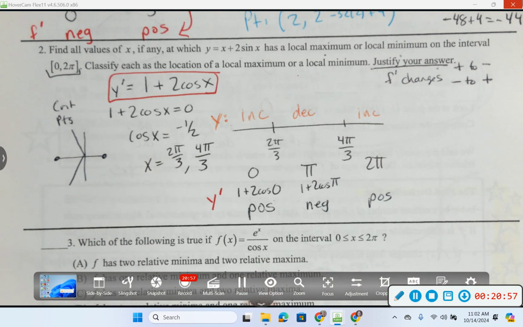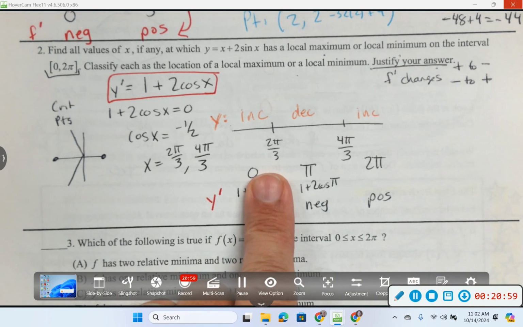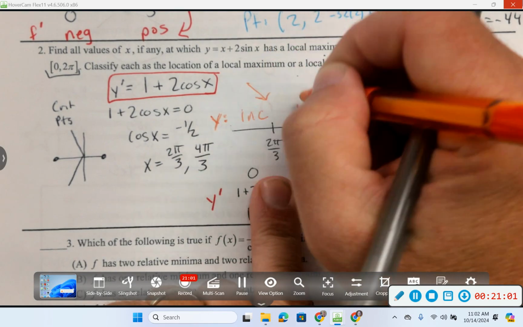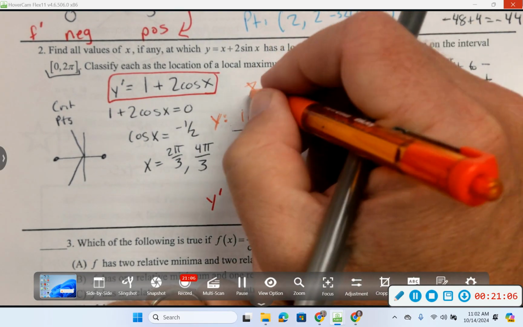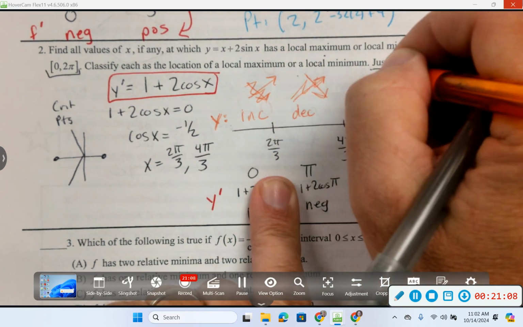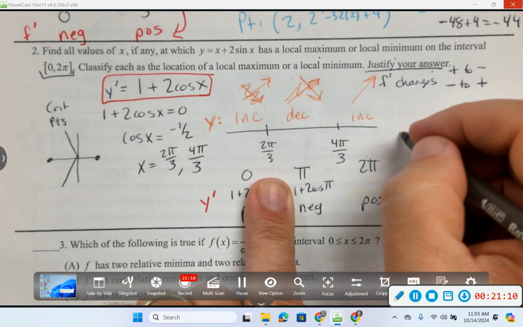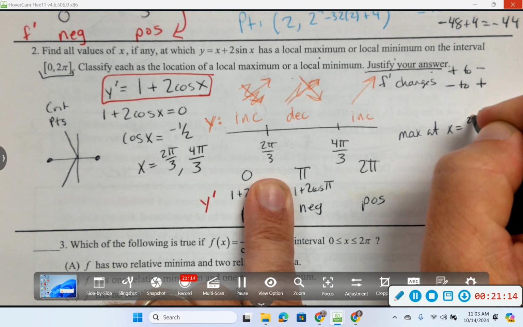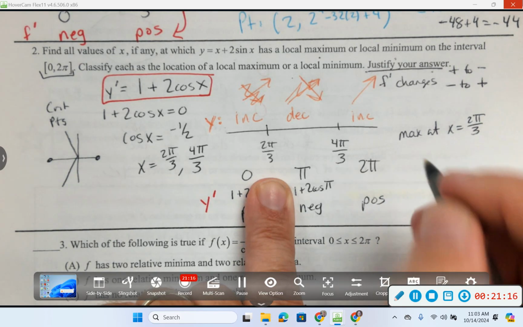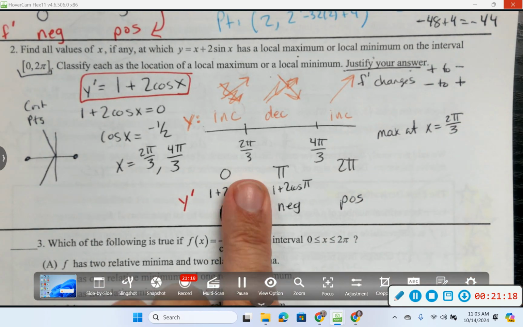Okay, so what's going on at 2 pi over 3? Max or min? Oh, it'd help if I drew the pictures, right? Increase, decrease, increase. So there's a maximum at x equals 2 pi over 3. And what's my reason? What's my justify?